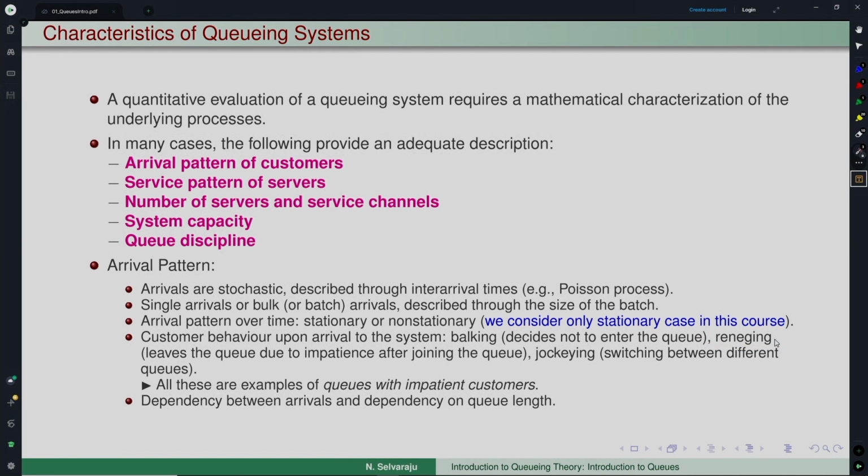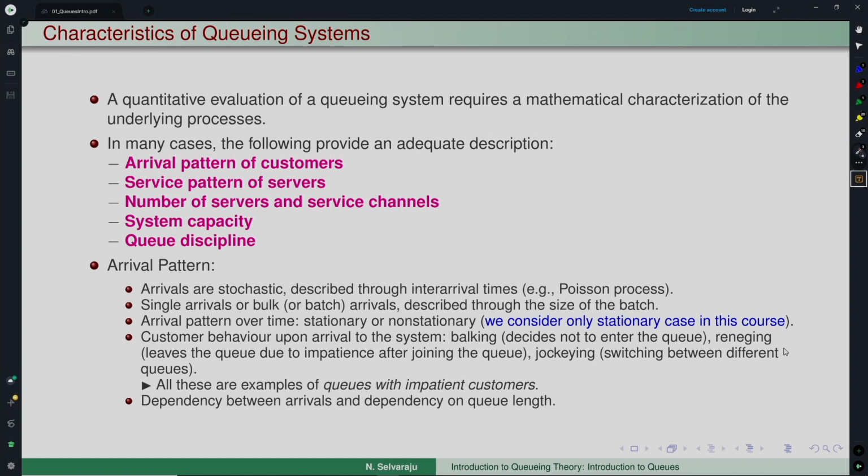Reneging means that you join the queue, and after spending some time in the queue, you decide to leave before you get the service. Of course, if you get the service in the meantime, you will get your service done and leave. But your service has not yet started, so you say, I cannot wait anymore, I may have something else to do, so you decide to leave after joining the queue. That phenomenon is called reneging.